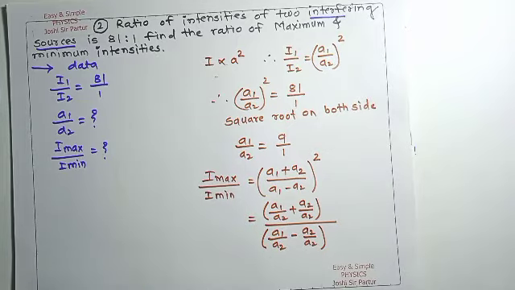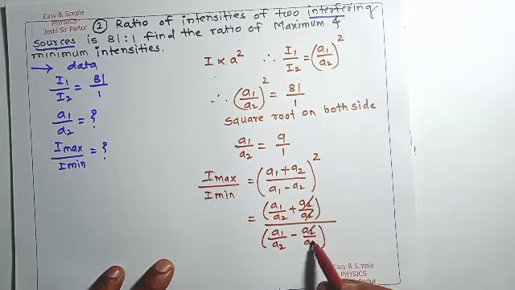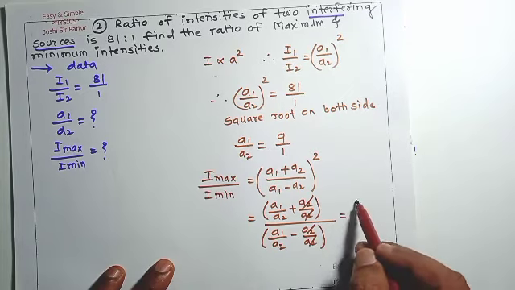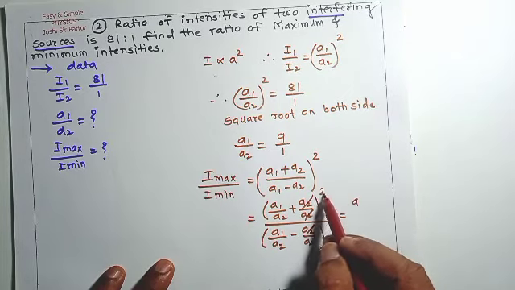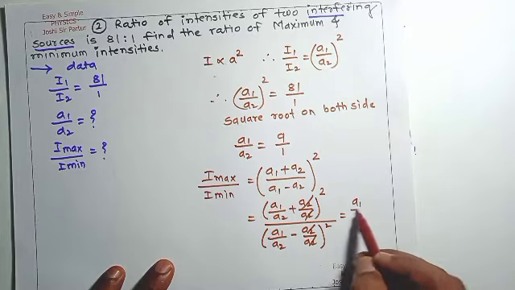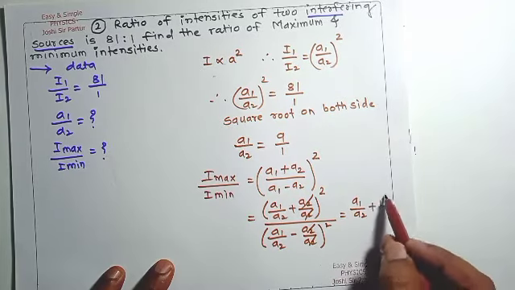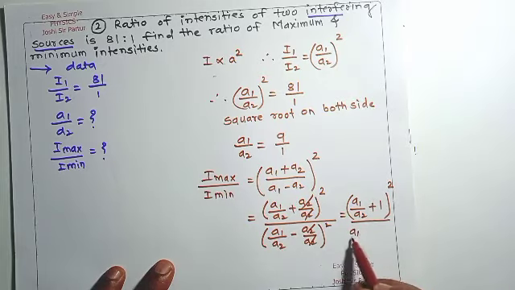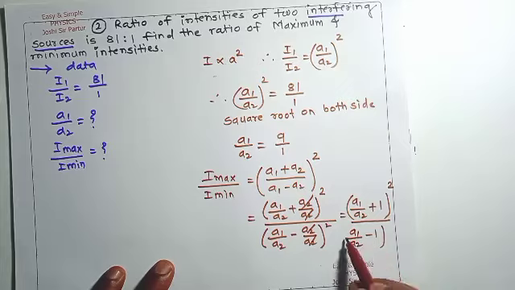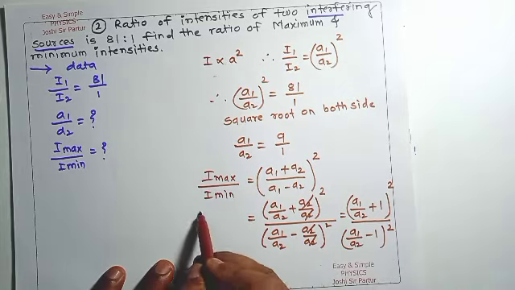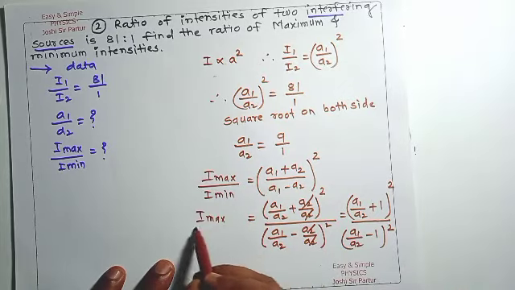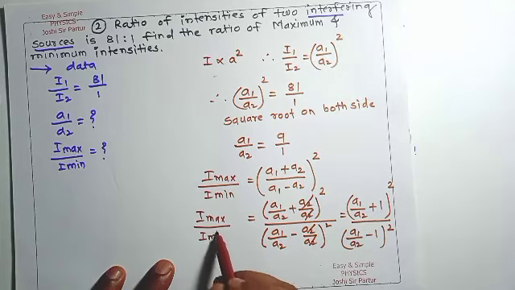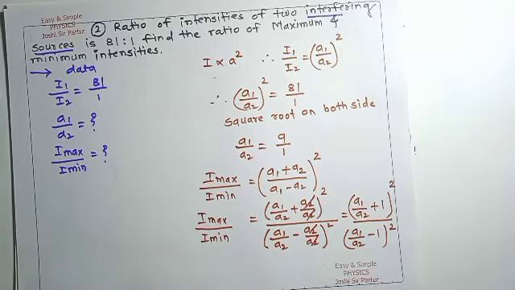The A2s cancel. So the formula becomes (A1 upon A2 plus 1) squared divided by (A1 upon A2 minus 1) squared. A new formula is obtained for the ratio of intensity maximum to intensity minimum.